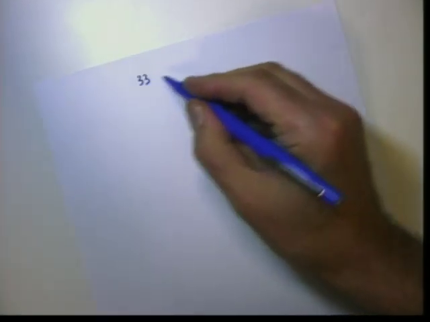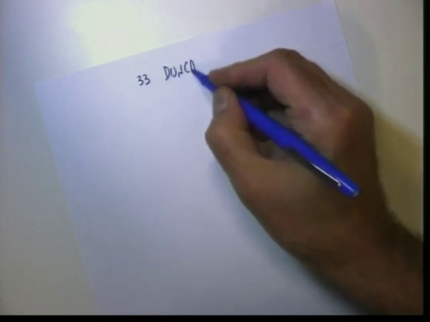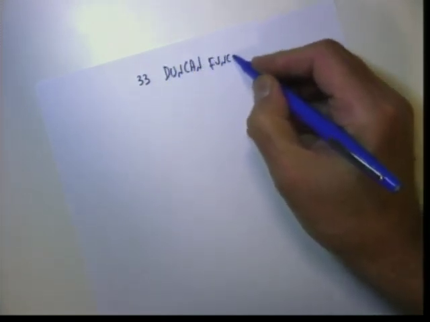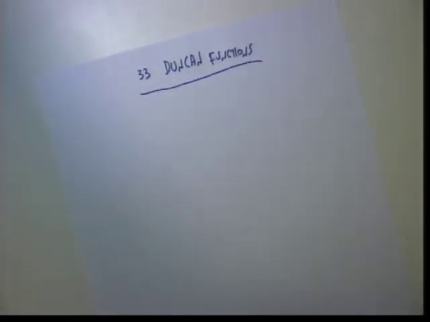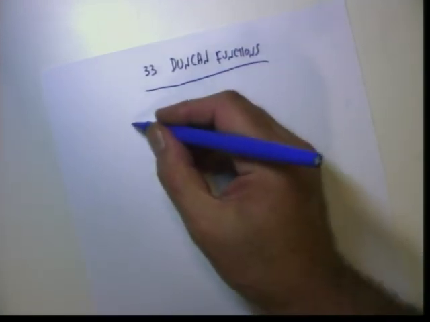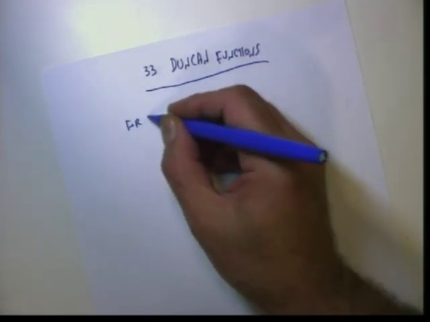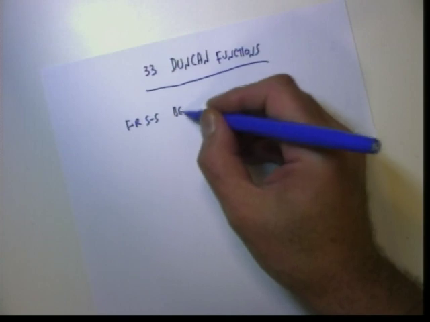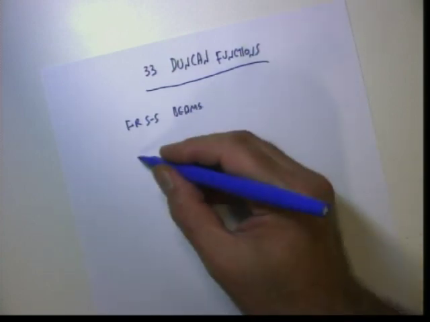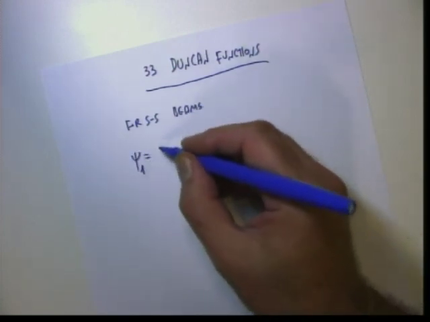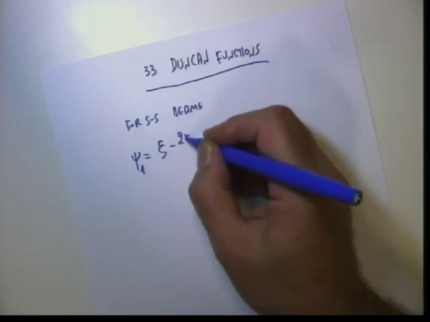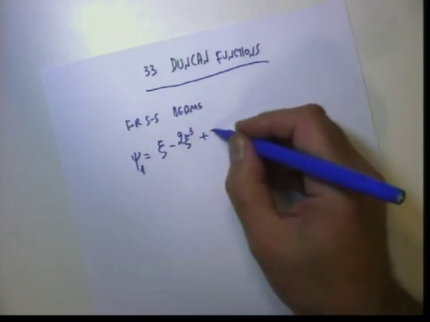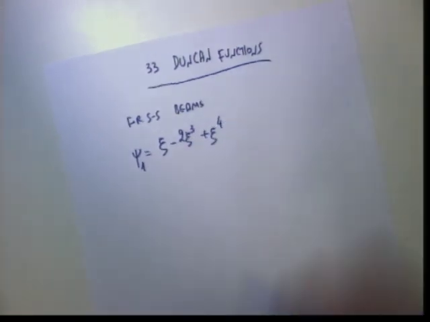So now, Duncan functions. For simply supported beams, we found this psi 1, if you remember, polynomial equals xi minus 2 xi cubed plus xi to the fourth power.